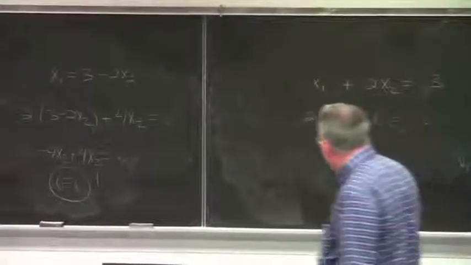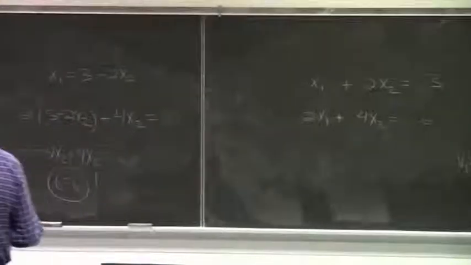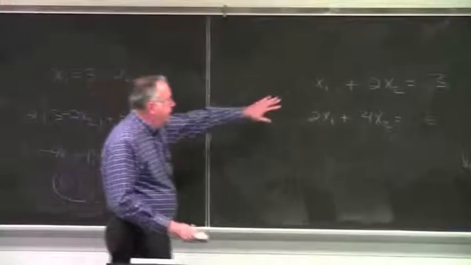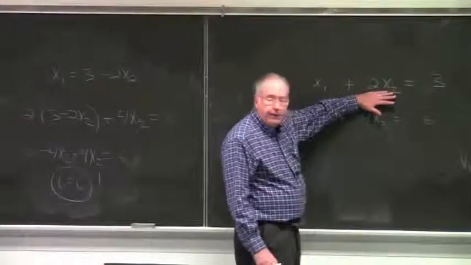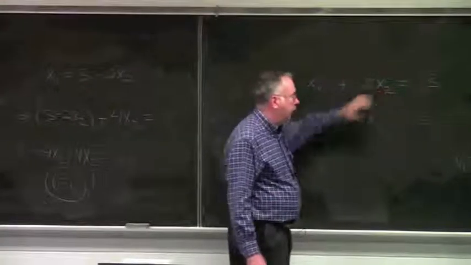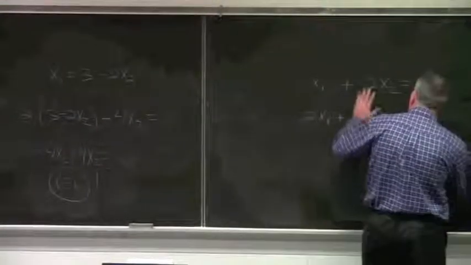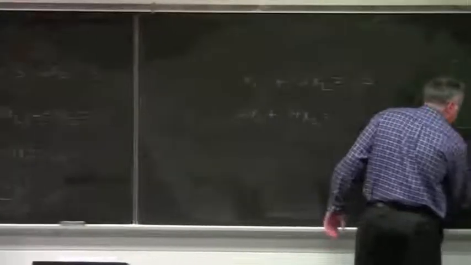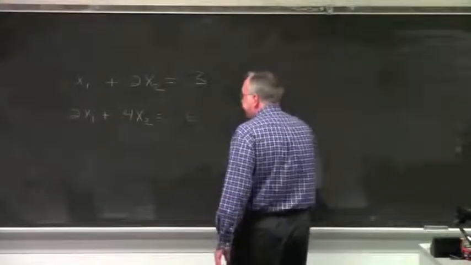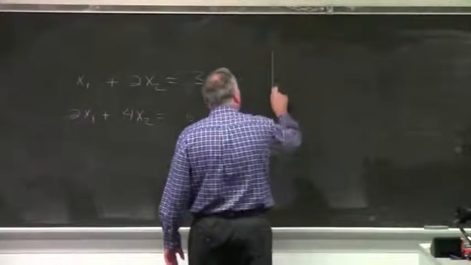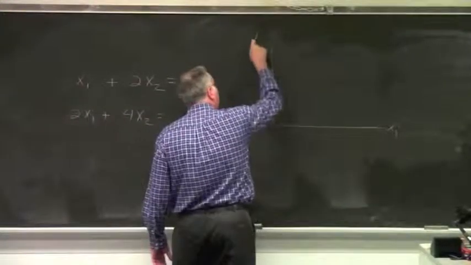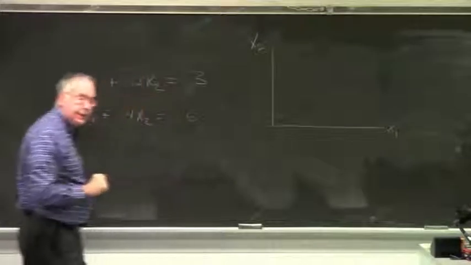Actually, the way to look at the solution in this case is there are an infinite number of solutions. Any pair of values of x1 and x2 that satisfy the first equation will be a solution. So the solutions just look like the graph of this equation. The solutions are any point along this line. Let's measure x1 along the horizontal axis and x2 along the vertical axis.